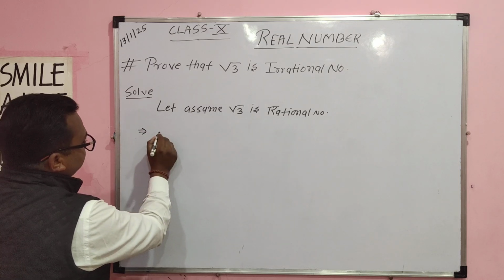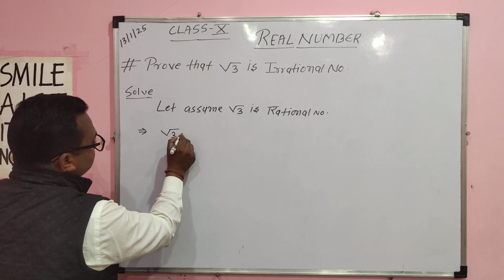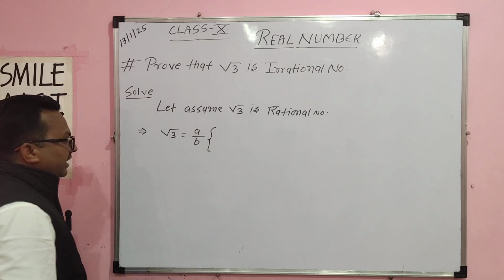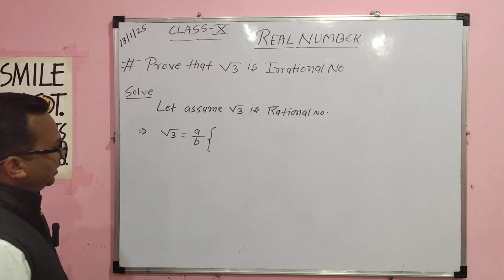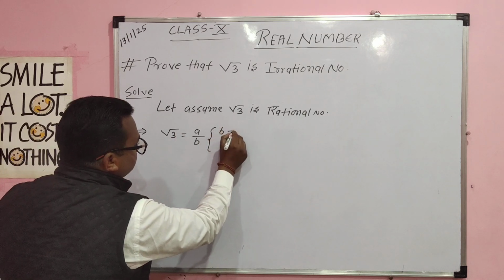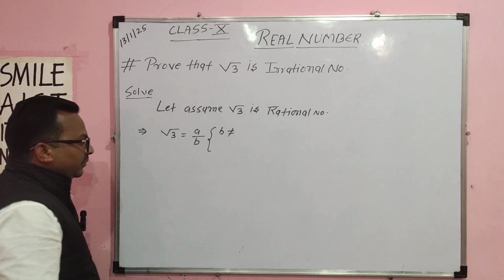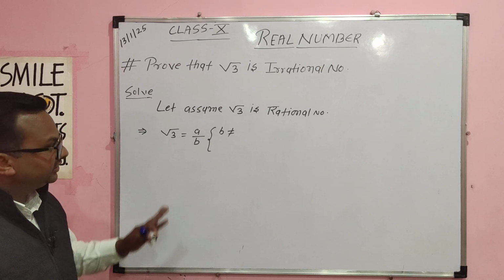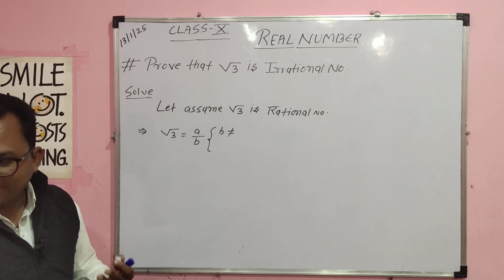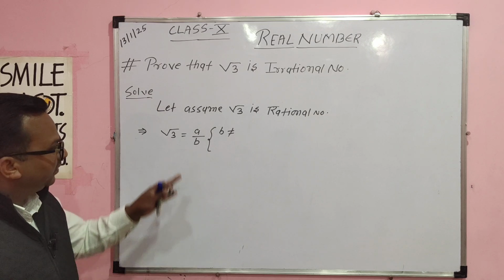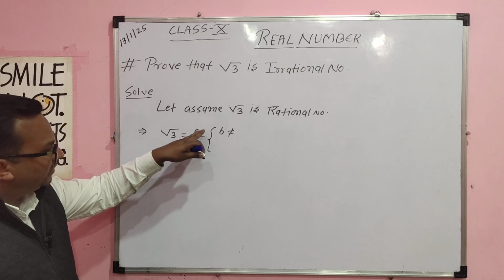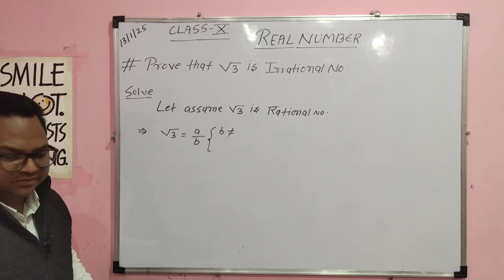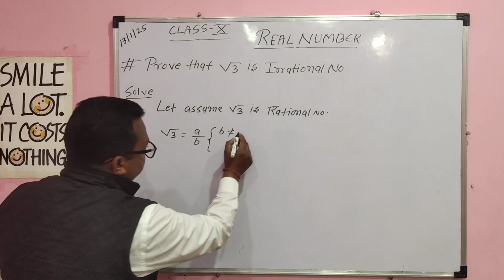We write every time √3 equals a upon b, where a is the numerator and b is the denominator, so b not equal to 0. The reason is that if b is 0, then the number is not a rational number. A rational number is like 2 by 3, 5 by 7. If b is 0, then dividing by 0 does not give a rational number. Clear? So b not equal to 0.